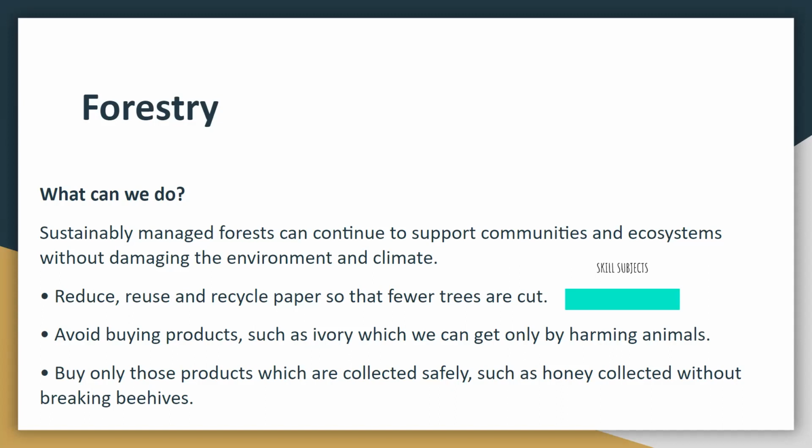Buy only those products which are collected safely, such as honey, which is collected without breaking the beehives. The Indian government is teaching farmers how they can cultivate bees and how they can fetch honey.